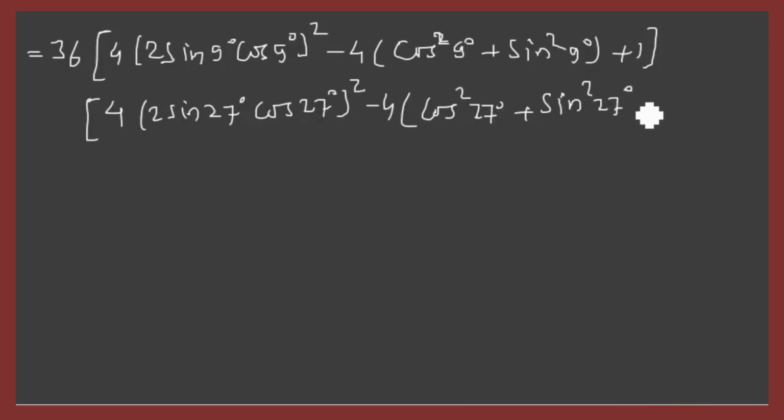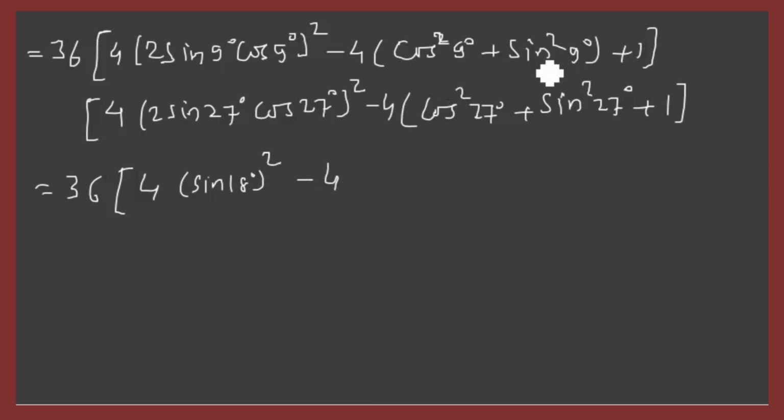So now you can see this is 36, this is 4, and for 2 sin A cos A the formula will apply here, so that is sin 18 the whole square. This is 4 and this result is 1, cos square 9 plus sin square 9 is 1, so 4 into 1 is minus 4 plus 1.